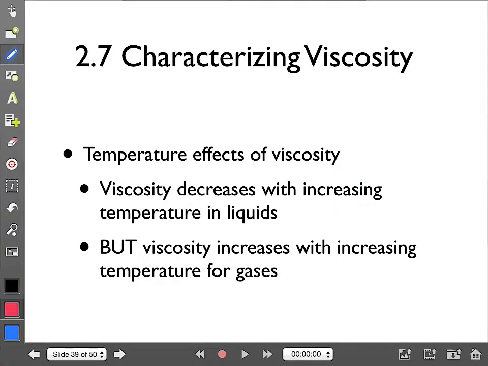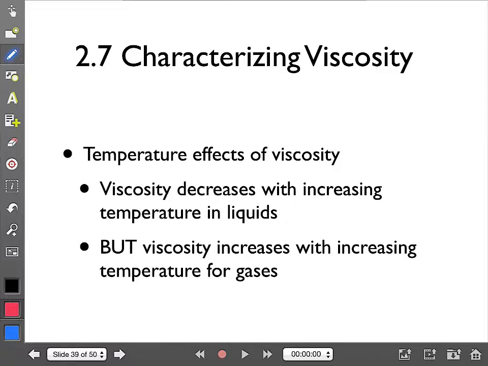So, a couple other things that I want to mention in terms of viscosity. There are temperature effects, and temperature can affect the viscosity. If you look in the back of the book, for instance, the viscosity of water is given at a range of temperatures.